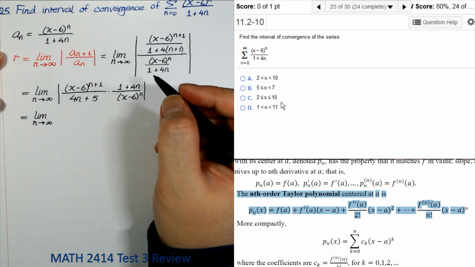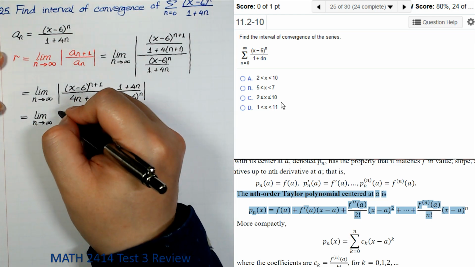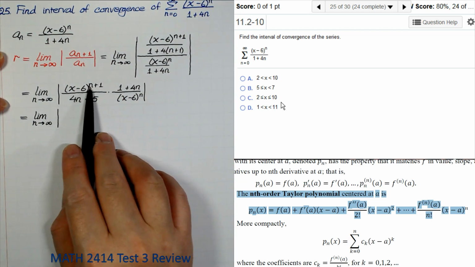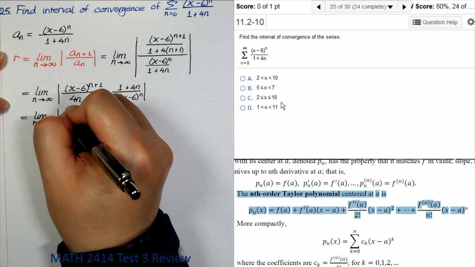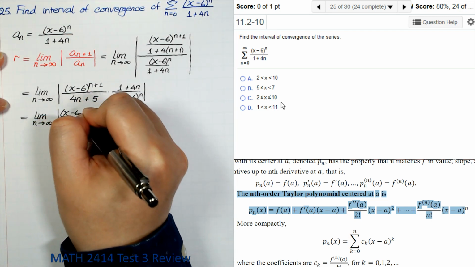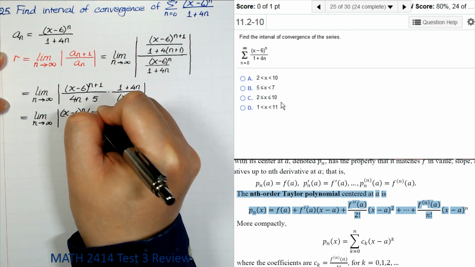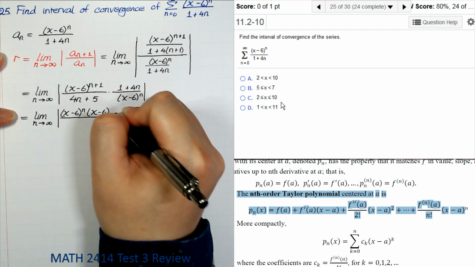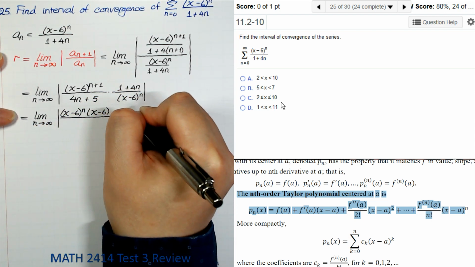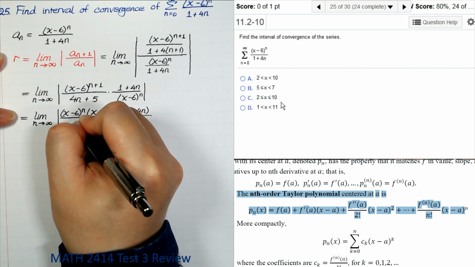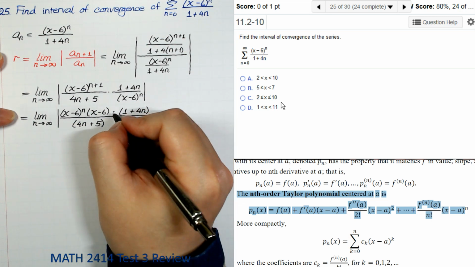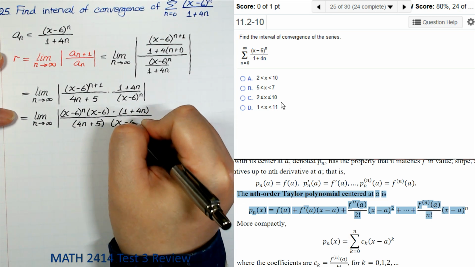Right, let's simplify. Before we simplify, let's rewrite this as (x minus 6) to the n, times (x minus 6), times (1 plus 4n), over (4n plus 5), over (x minus 6) to the n.